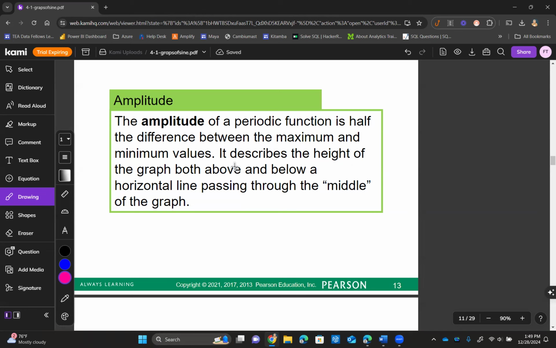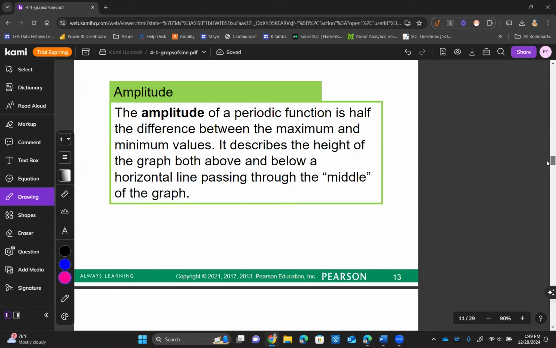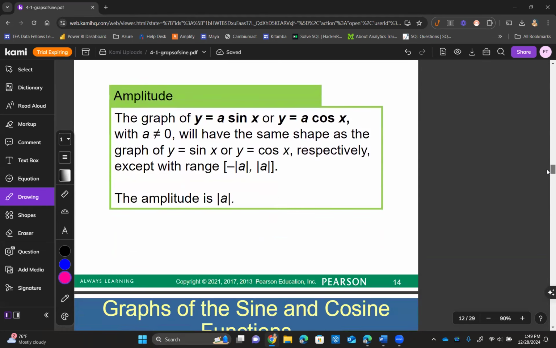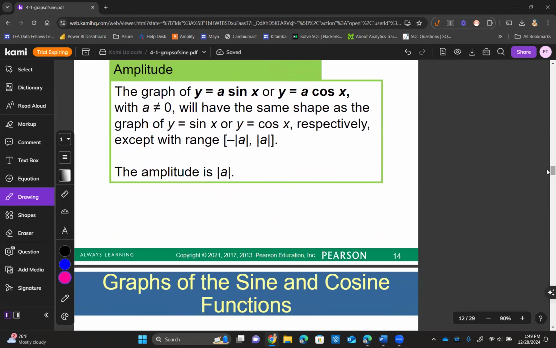It describes the height of the graph both above and below a horizontal line passing through the middle of the graph. For example, for sine of x, the parent graph goes as high as positive 1 and as low as negative 1. So the difference between the maximum and the minimum point is 2, and its half is 1, right?